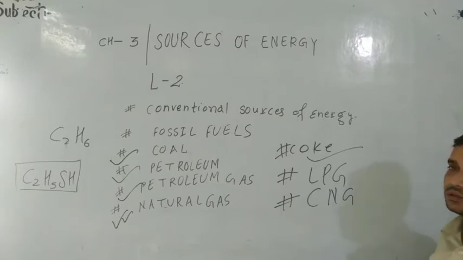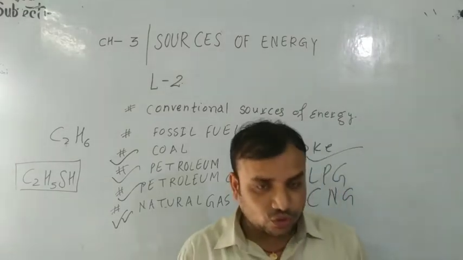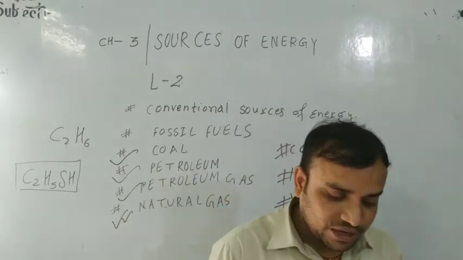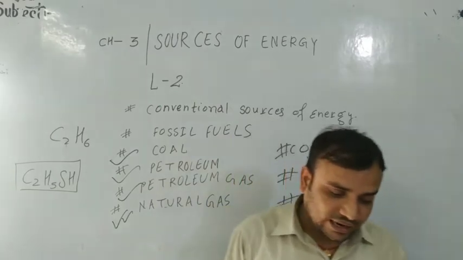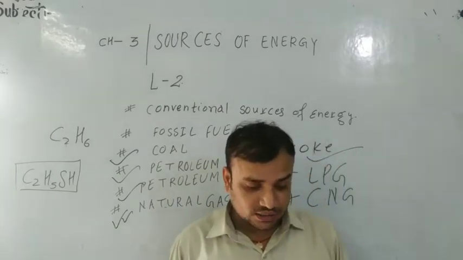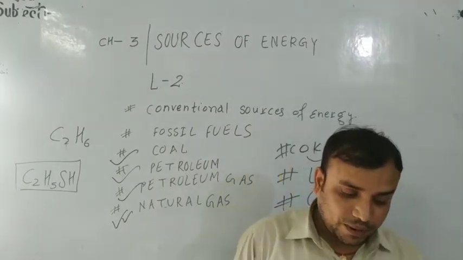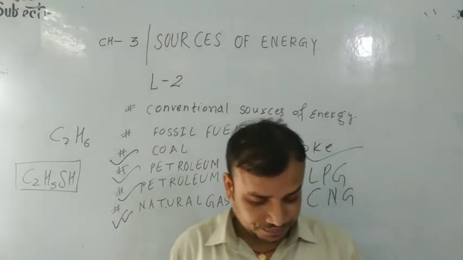It does not produce as much pollution as petrol. CNG is being used increasingly as fuel in transport vehicles like cars, buses and trucks. It is a good alternative to petrol and diesel because it does not cause pollution.